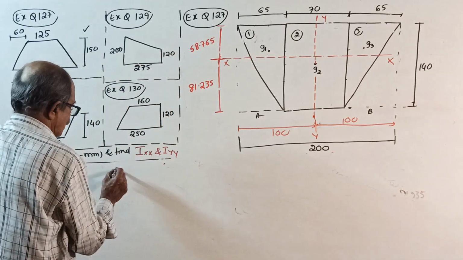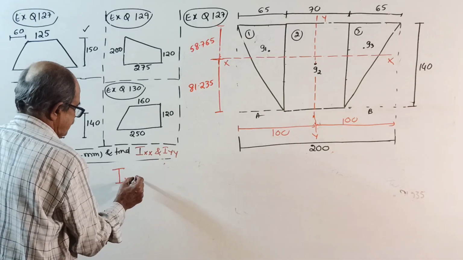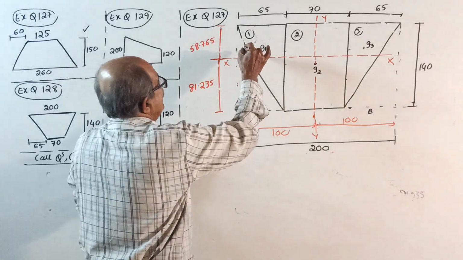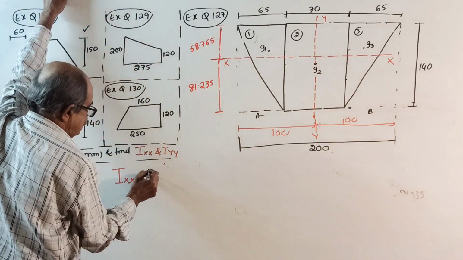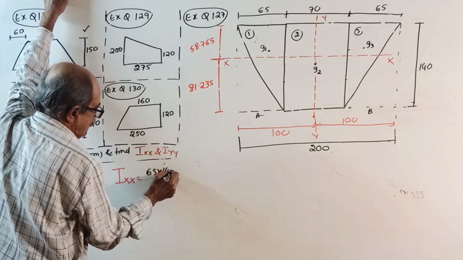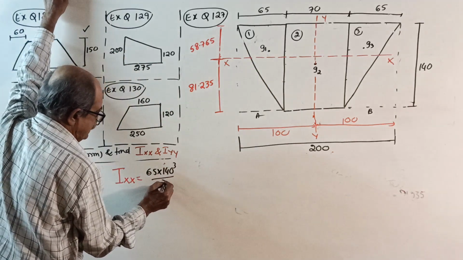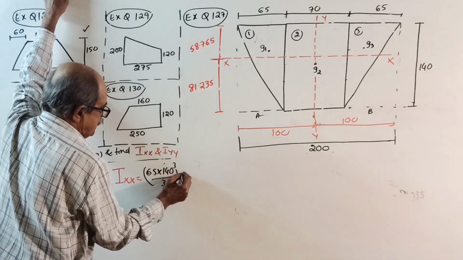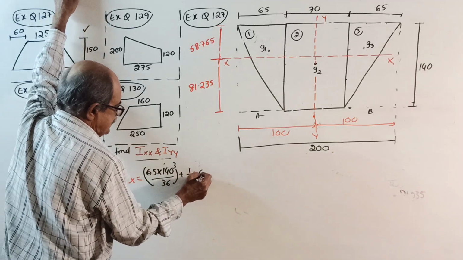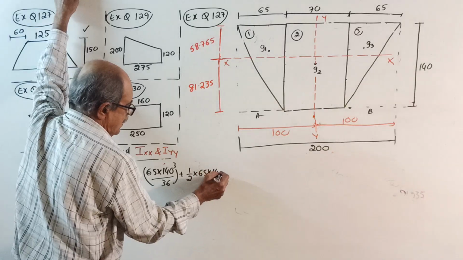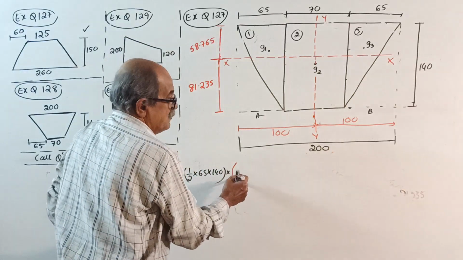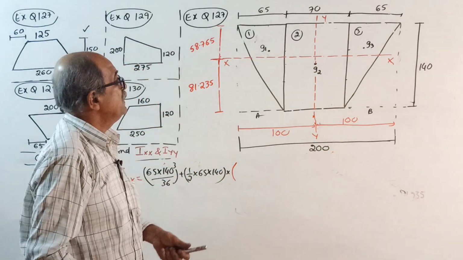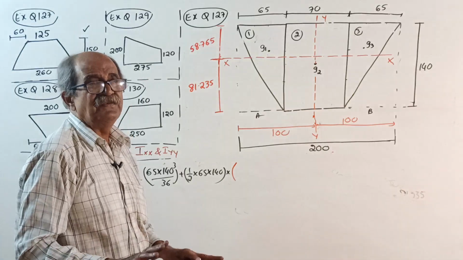Now, space problem is not there. I about XX. I about its own axis. 65 into 140 cube divided by 36 Ig plus half into 65 into 140 is the area. Actually, even though it is an exercise question, I am almost taking it like a full solution, but I am not discussing too much.